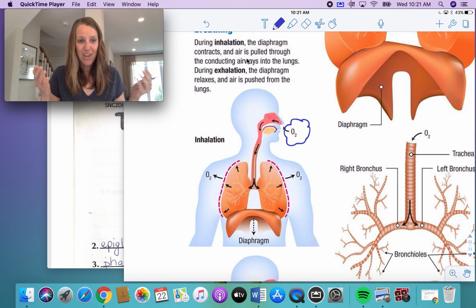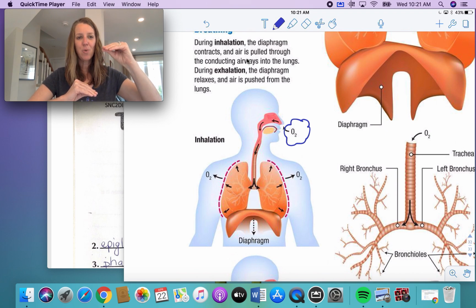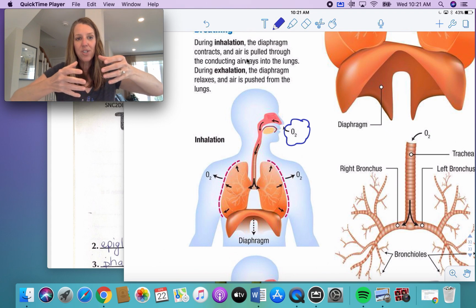When you're eating ribs, you're eating your intercostal muscles, if you will. Those are the muscles that contract. So when your diaphragm contracts, so it pushes down, and the muscles of your ribs contract, those 2 components allow your lungs to have more space to fill up. Does that make sense? Okay.